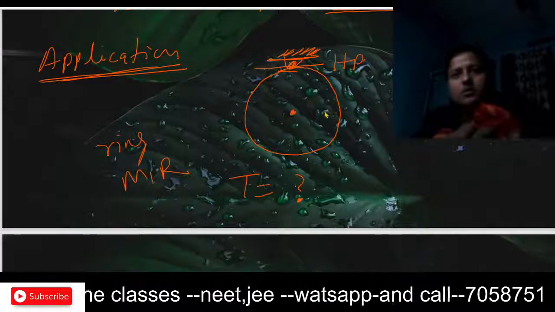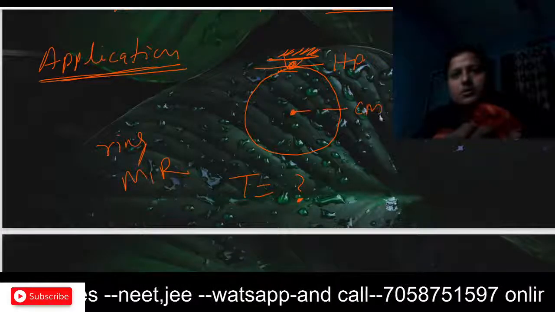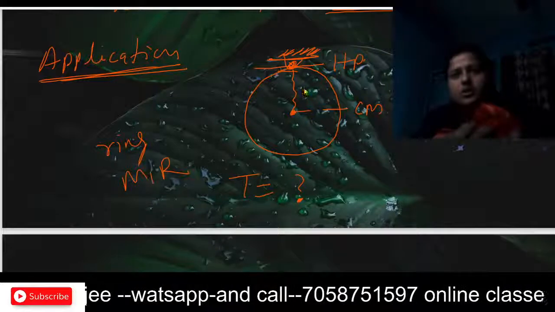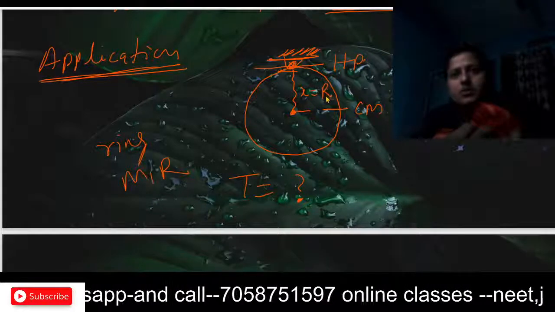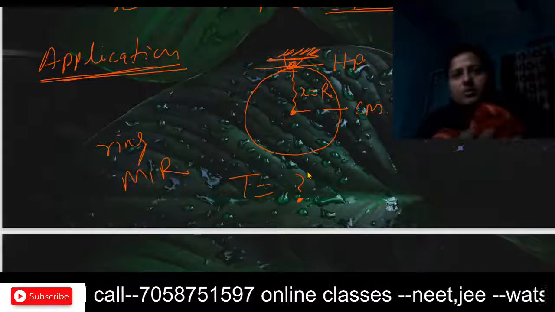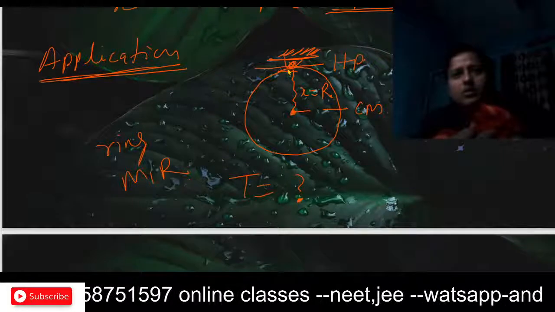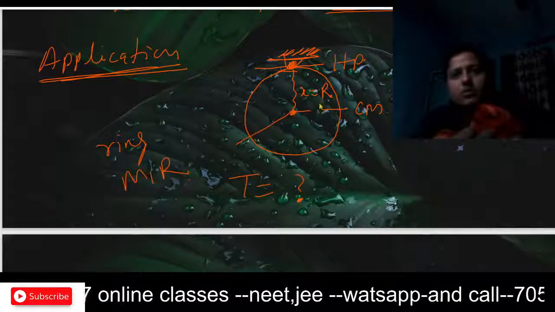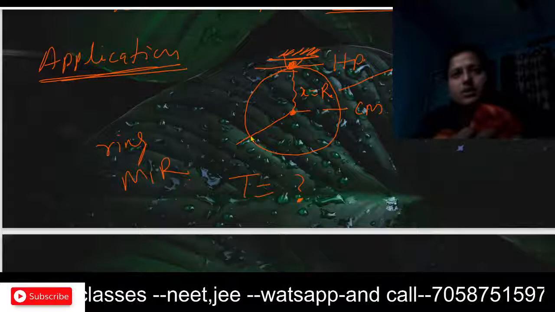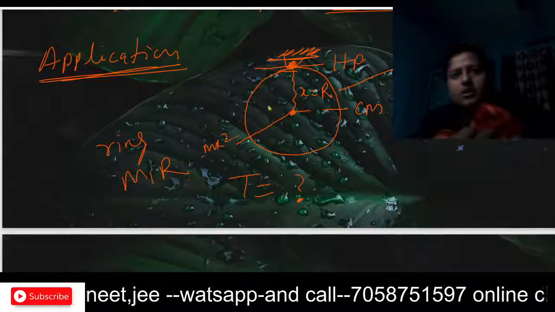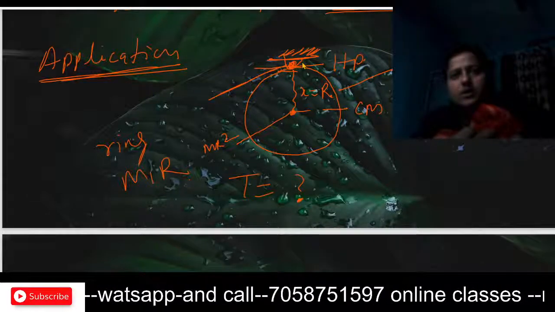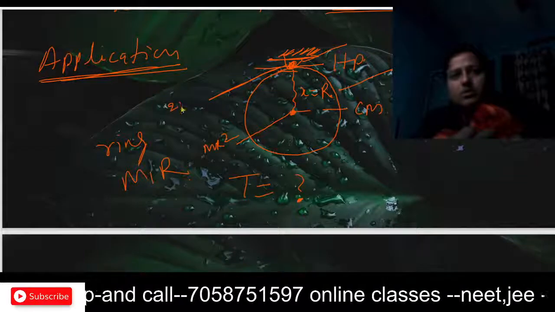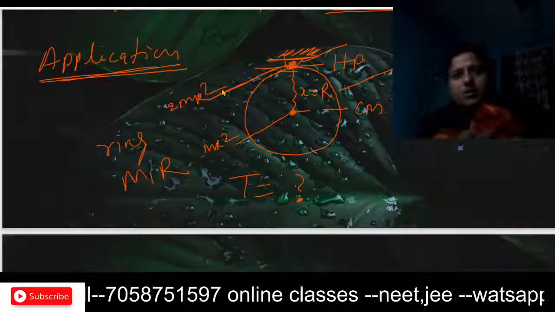Here is the center of mass. So the center of mass and hinge point are separated by a distance x equals r. And about the center, moment of inertia is mr square. Using the parallel axis theorem, moment of inertia about the hinge point is 2mr square.